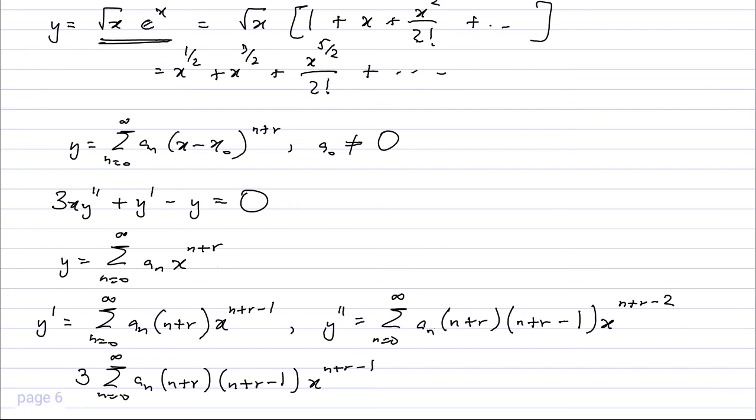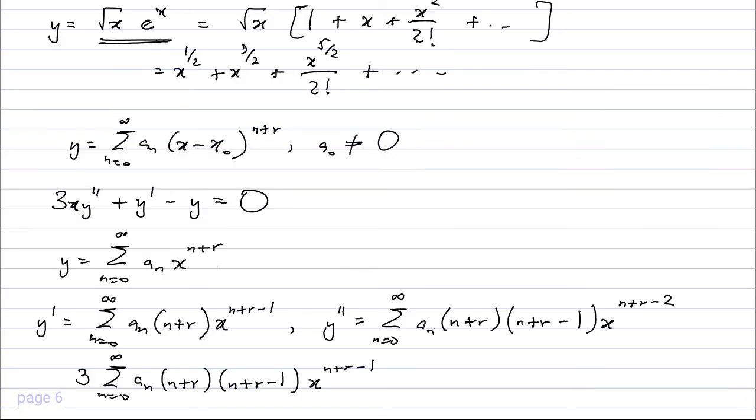Plus the sum from n equal to 0 to infinity of a n (n plus r) x raised to power n plus r minus 1, minus the sum from n equal to 0 to infinity of a n x raised to power n plus r, and this whole thing has to be equal to 0. So far so good.